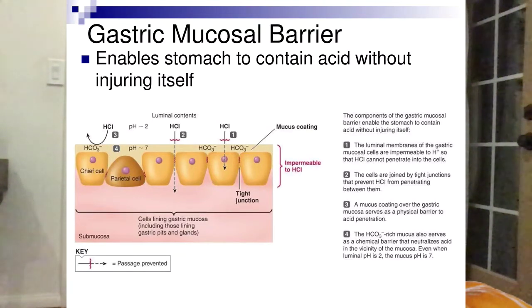Bicarbonate is a buffer. It can take acids and neutralize them. So you see there in that layer, in the mucus coating, there's a pH of about 7. That's what's protecting our own cells from the hydrochloric acid that's being excreted out of there by the parietal cells.